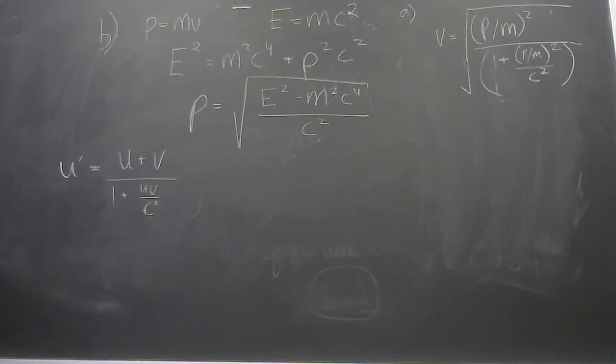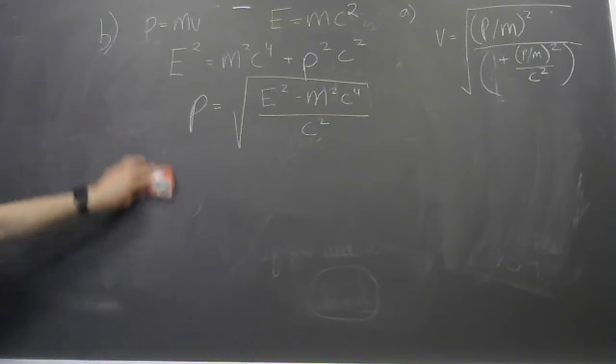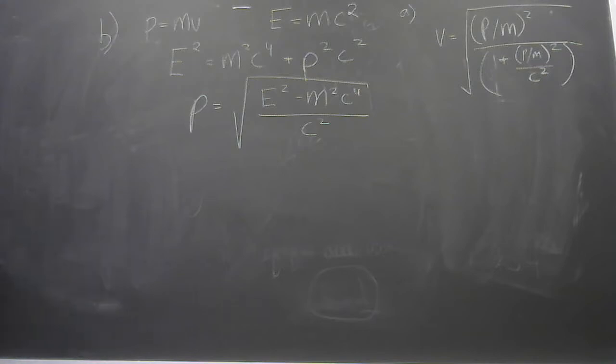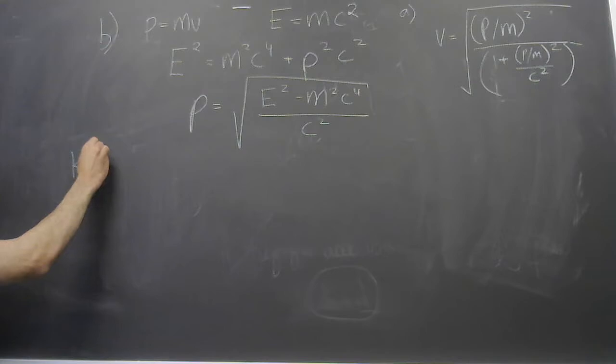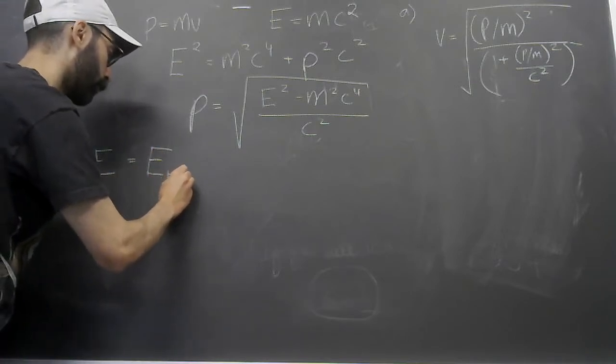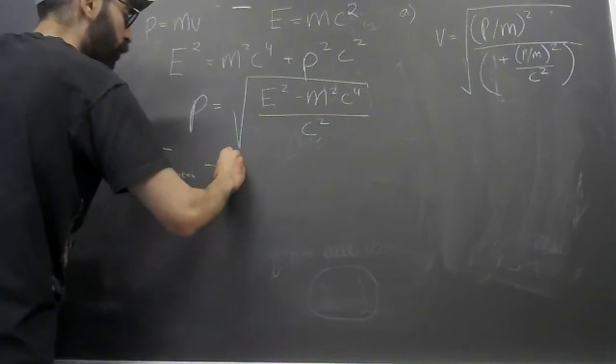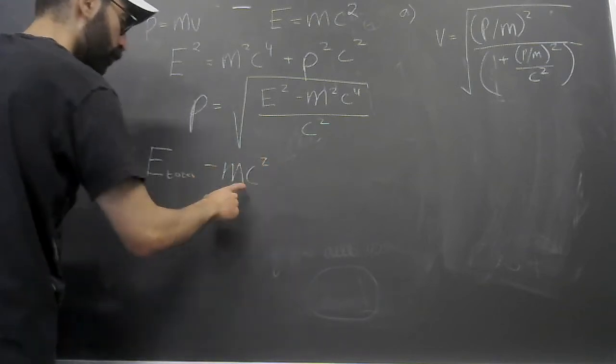The only other one I want to bring up is the kinetic energy at relativistic speeds. This equation is a little bit spicy, and we will reference it again later. So, kinetic energy at relativistic speeds is KE equals total energy minus the rest mass energy, or mc squared, where m is the mass of the object.